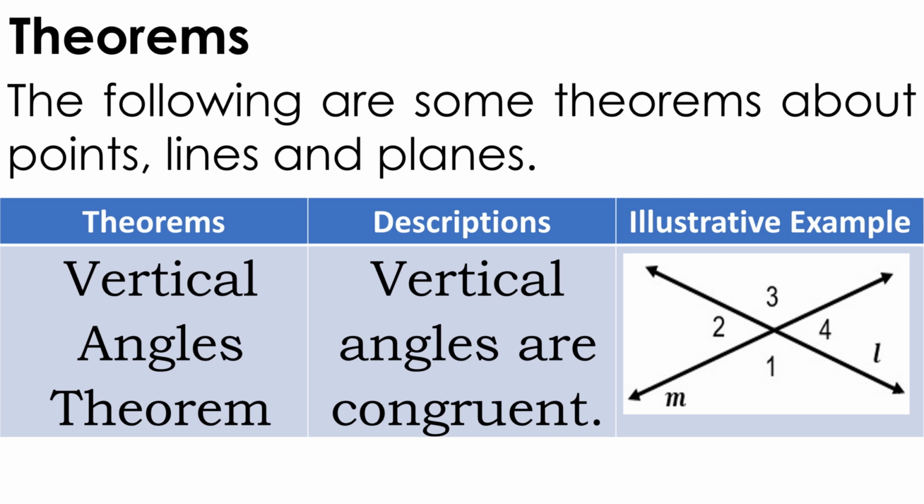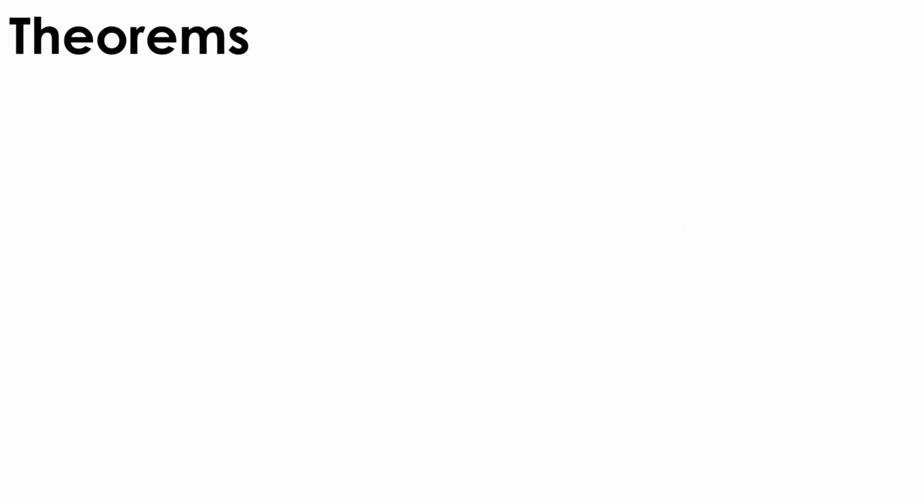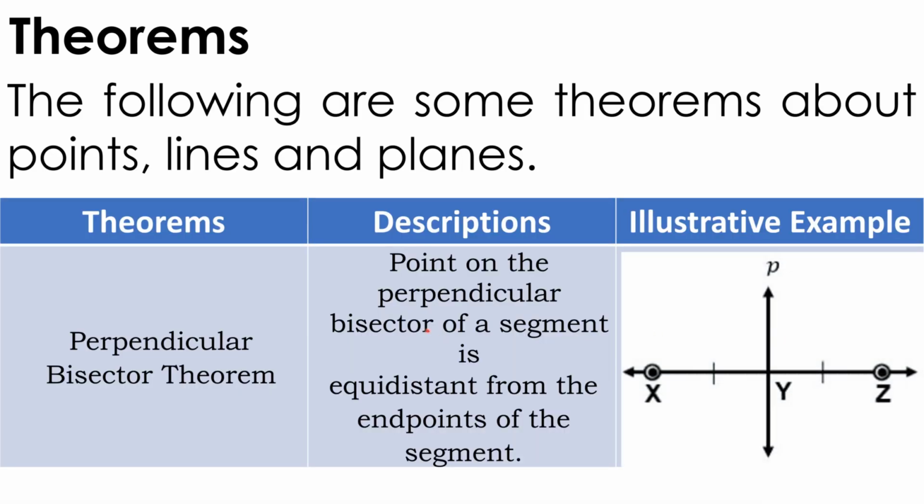Now let's proceed to perpendicular bisector theorem. A point on the perpendicular bisector of a segment is equidistant from the endpoints of the segment.